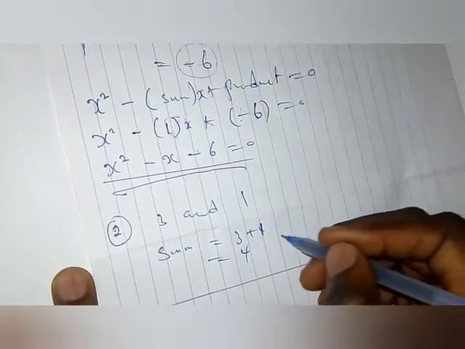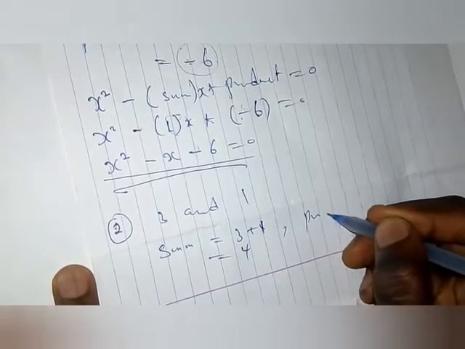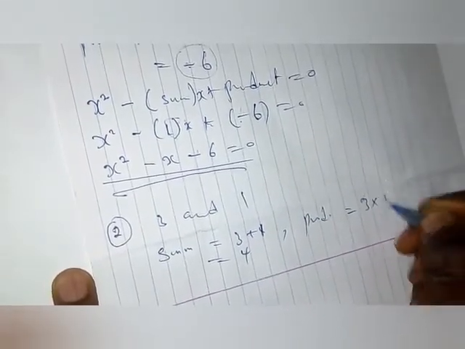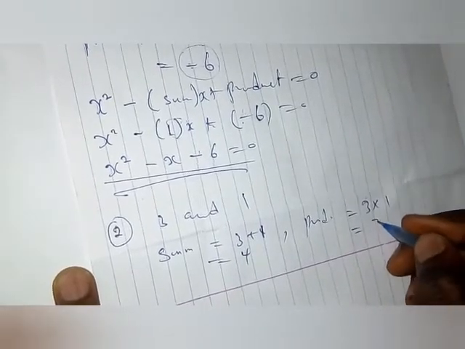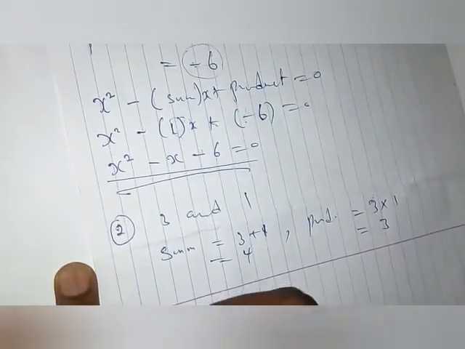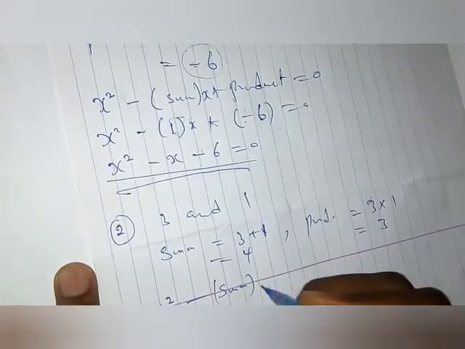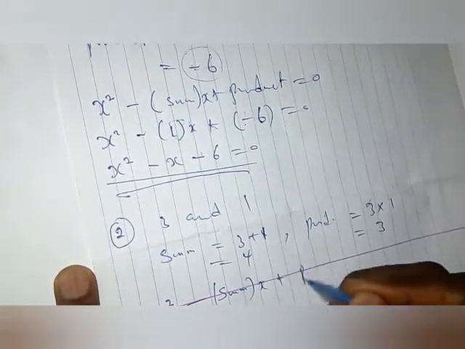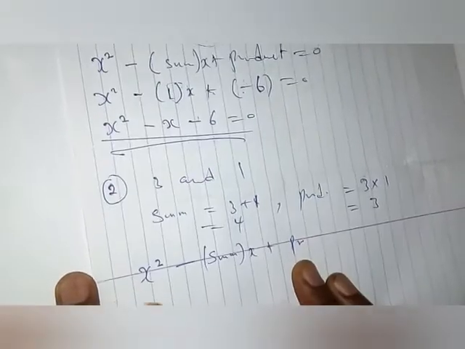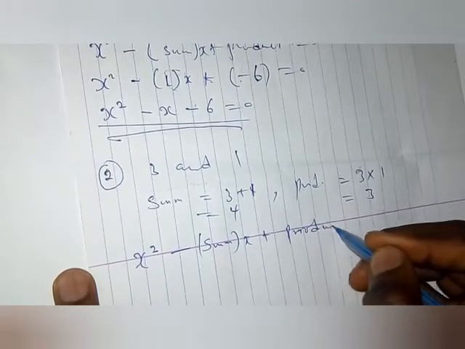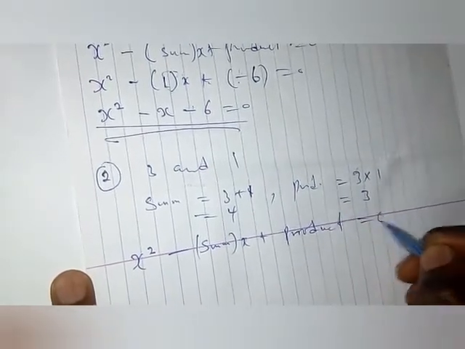Then the product is 3 times 1, which is 3. So using the formula, x squared minus sum x plus product equals 0.